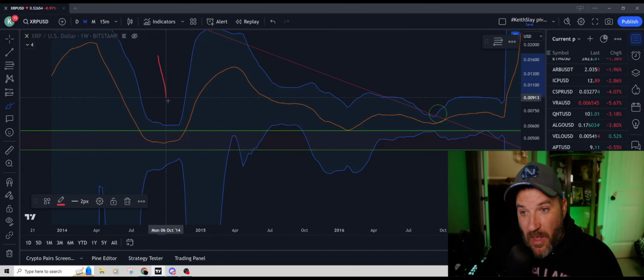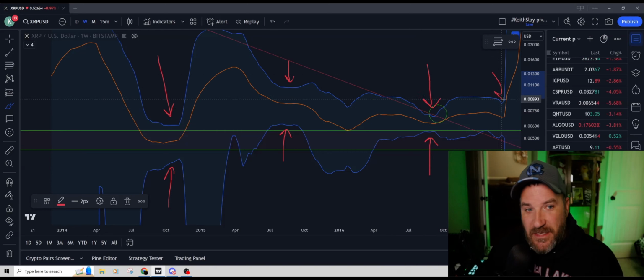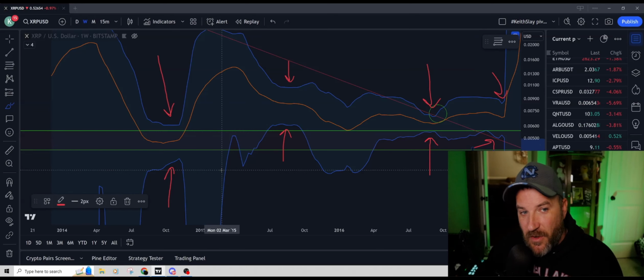I got pretty tight Bollinger Bands here. I got pretty tight Bollinger Bands kind of here. I think we can agree on that. Cool. And then they're pretty tight back here. And they start getting really tight right over here in this corner. Do you see that? Very cool.